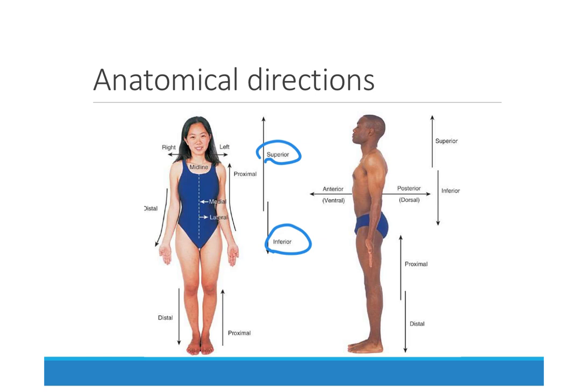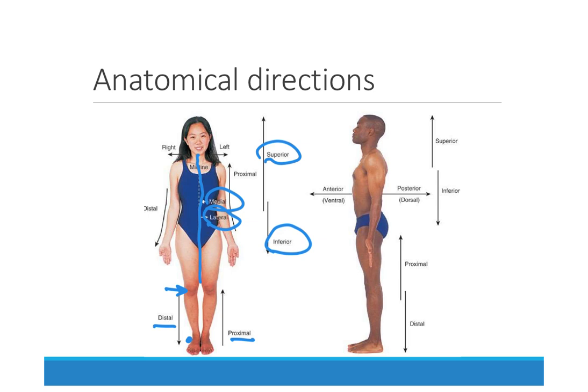There also is an imaginary line down the middle of the body, the midline, and something that is near the midline is medial, whereas something that's moving away from the midline is lateral. The words distal and proximal have to do with a joint. So is something close to a joint or far away from a joint? If the knee joint is what's in question, then the ankle joint down here is distal to that joint.